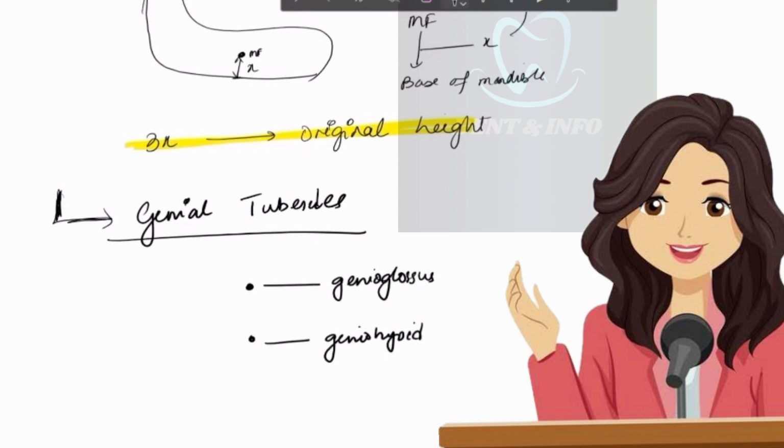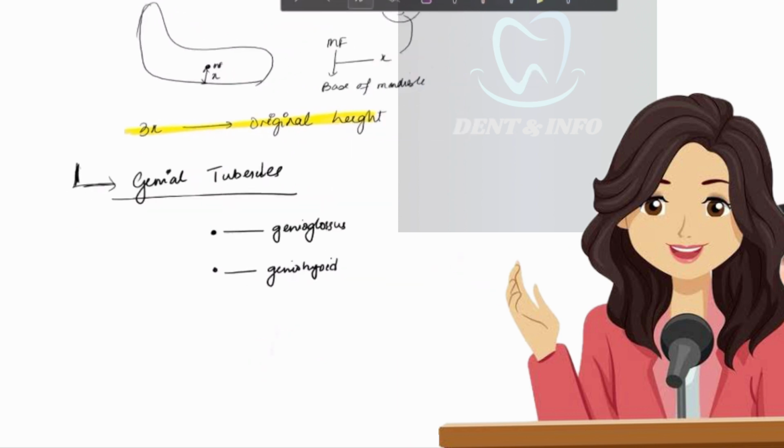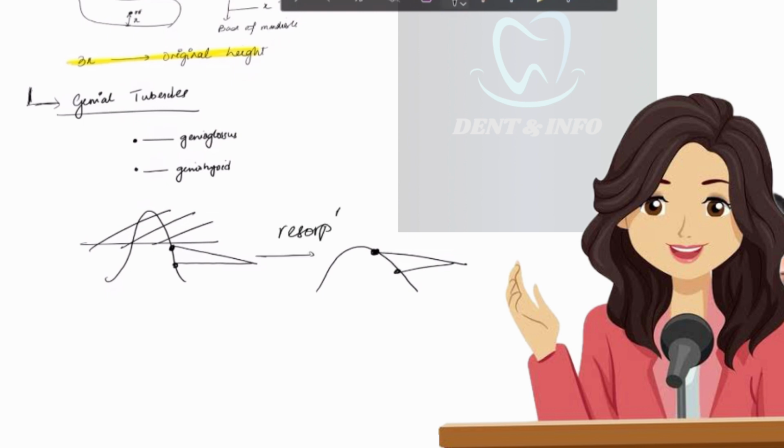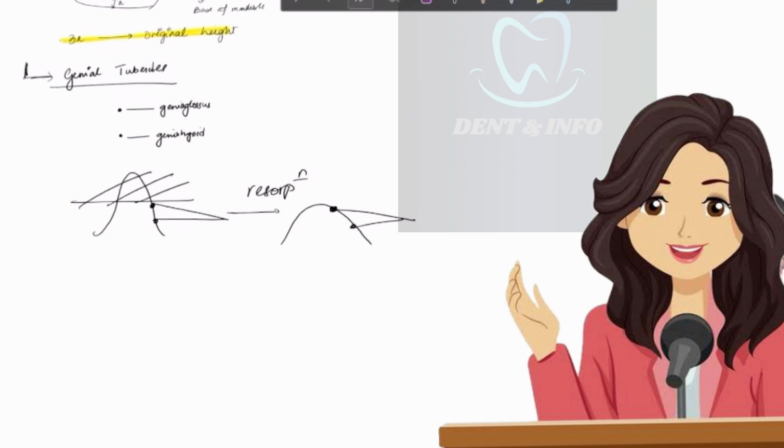When resorption occurs, the crest will come below, and the attachment of the genial tubercles, initially on the lingual border, was somewhere over here, and the muscle attachment was like this. When the crest has resorbed and it becomes flatter, the tubercles come towards the surface after resorption has occurred. Right? So tubercles will come to the surface. That is when you don't have any sulcular height remaining, and there is a very good chance that your denture can get dislodged. So that is with your genial tubercles. That is why it requires your relieving area.